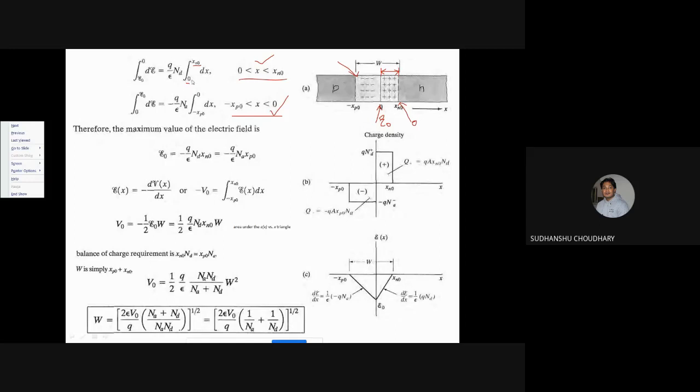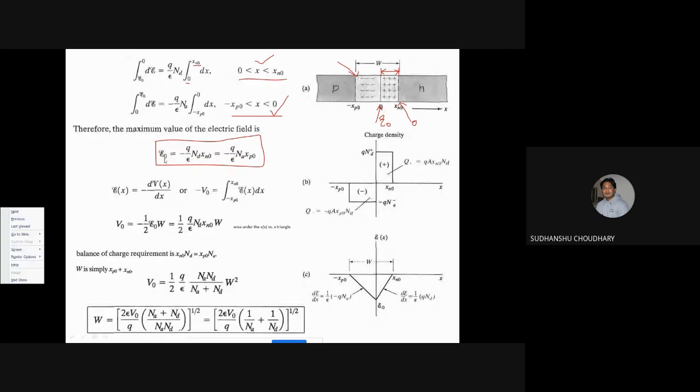And these two are equal. So this gives me E_0, the maximum electric field which appears at the junction, equal to -(q/ε_nd) x_n0, which is also equal to -(q/ε_na) x_p0. So this relation now I have.